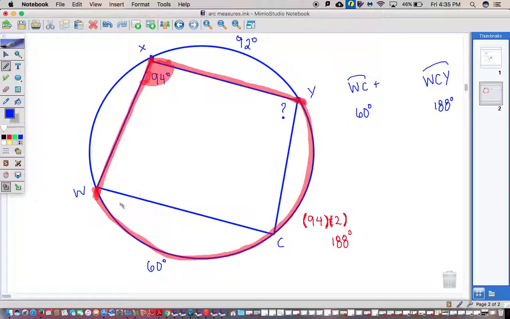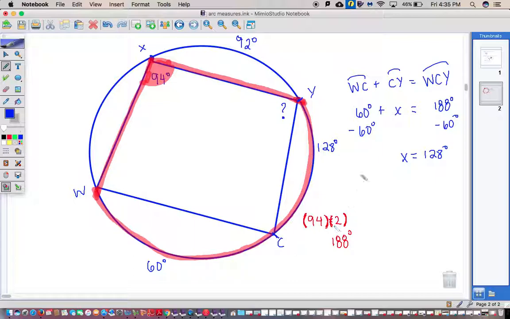We can say that arc WC plus arc CY is equal to arc WCY. So we can figure out what this arc CY is. We would subtract 60 degrees from each side, and we find that our unknown arc is equal to 128 degrees. So from C to Y, it is 128 degrees.